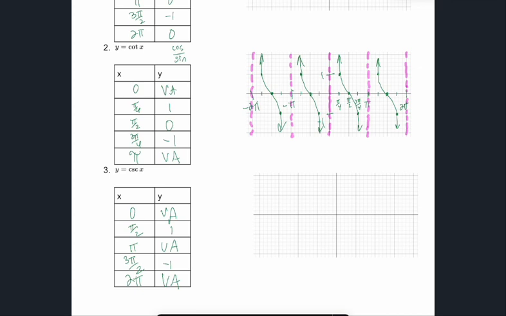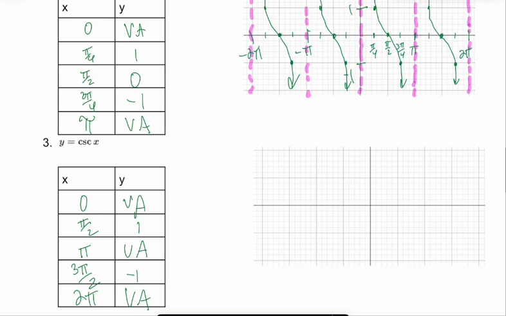So let's set up our graph paper like the cotangent right above it, because the cotangent and the cosecant have vertical asymptotes at the same spot. So then we can use that as our guide. So let's make this pi and 2 pi. Let's make this negative pi and negative 2 pi. And let's put our vertical asymptotes on at 0 and at pi and at 2 pi.